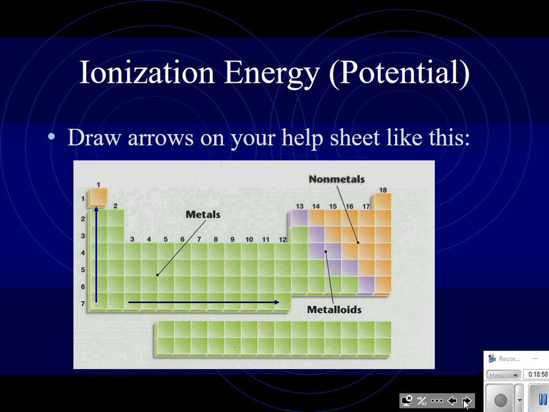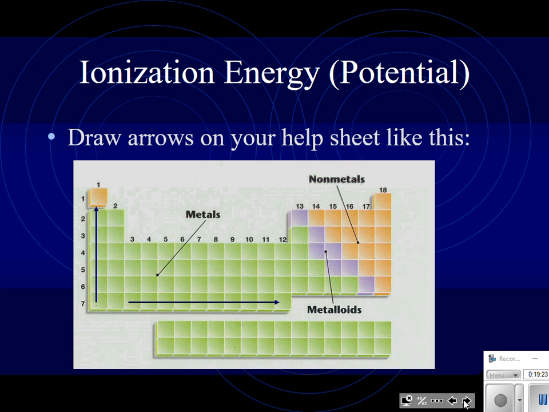As we move from left to right, the ionization energy increases. The nonmetals do not want to lose their electrons. The metals, they're okay with it. Nonmetals, no. Metals, yes.